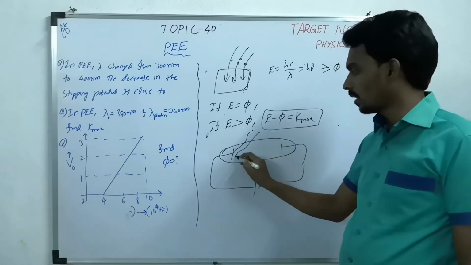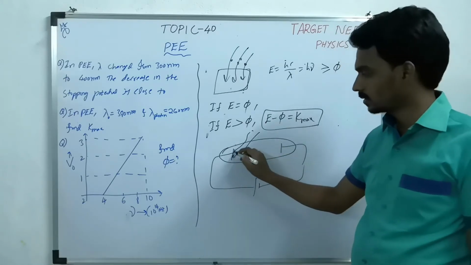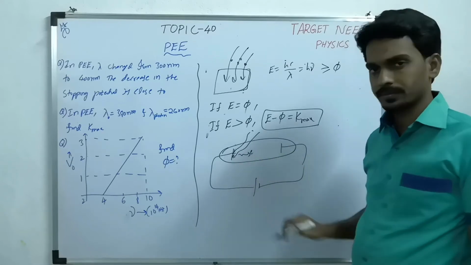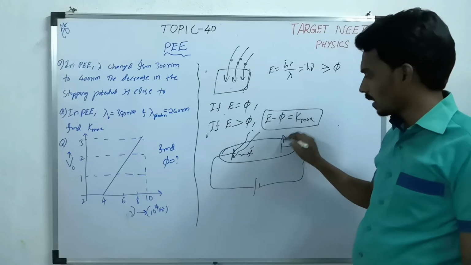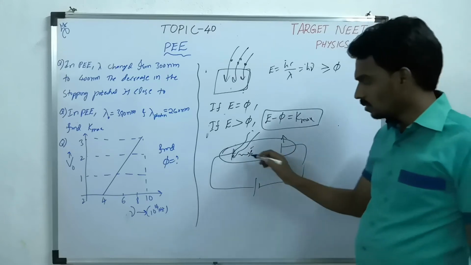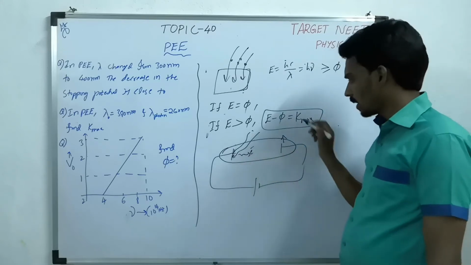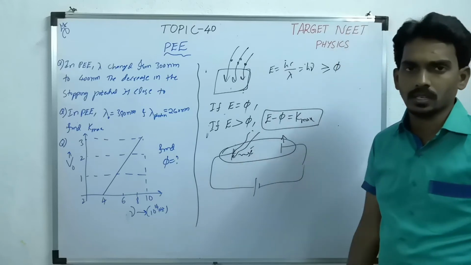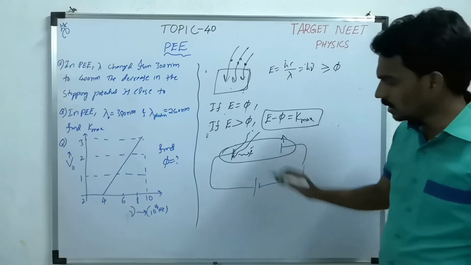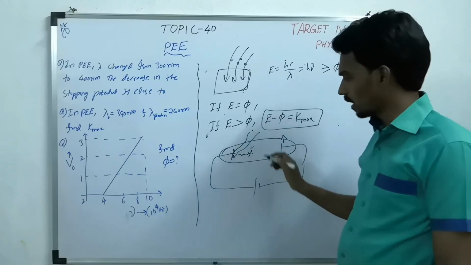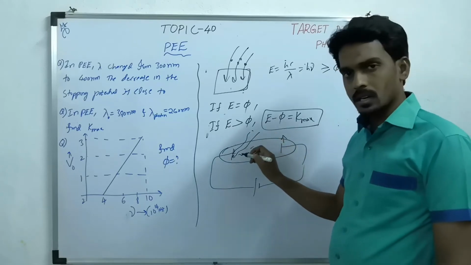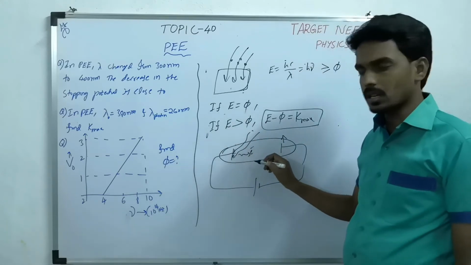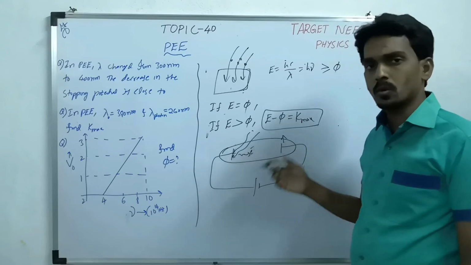Now consider the experimental arrangement. Light falls on the cathode so that electrons will emit, and this is the anode. The electrons come out with some kinetic energy and complete the circuit so that a photocurrent is generated. The very first thing you can understand is that the greater the number of photons, the greater the number of electrons, so the current is more.